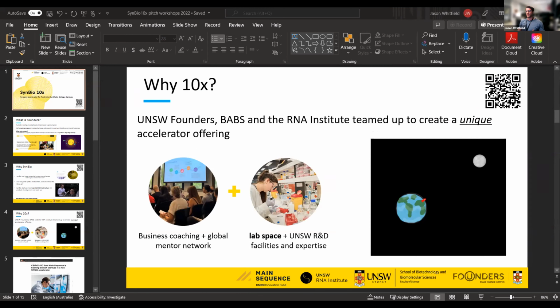Now, teaming up with the School of Biotechnology and Biomolecular Sciences, or BABS, and the RNA Institute, we're able to create a unique accelerator offering that takes that proven business coaching, global mentor network, and strategy advice and combines it with 6 months access to PC2 lab space and access to R&D facilities and expertise that's at UNSW.